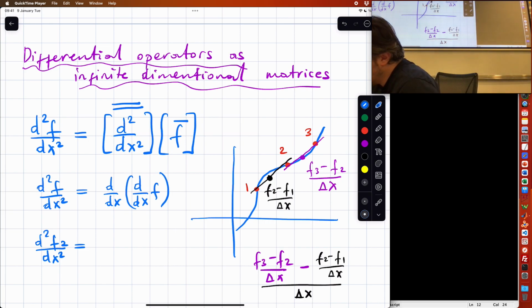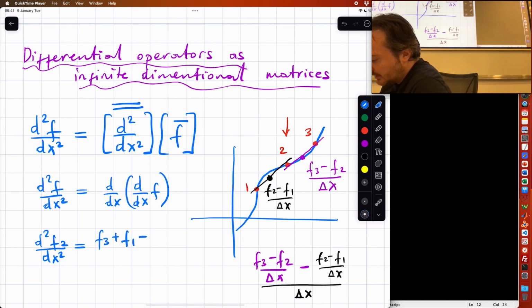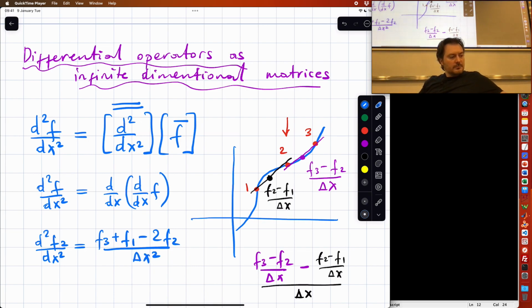You see the point 2 is in between these 2 points, right? And that derivative turns out to be f3 plus f1 minus 2 f2 over delta x squared. Okay, let's stop here and then we will go to the matrix.